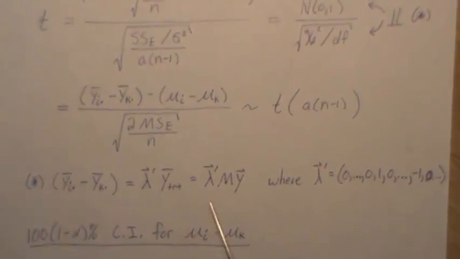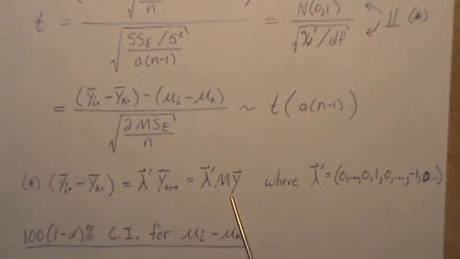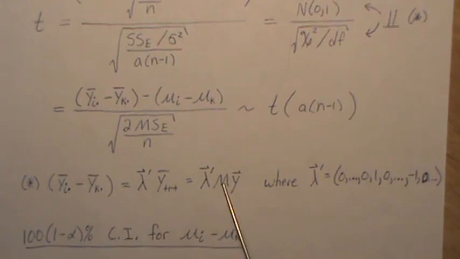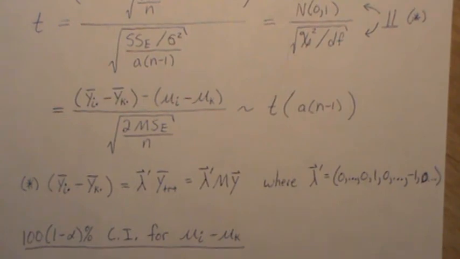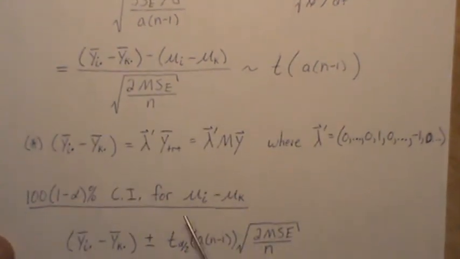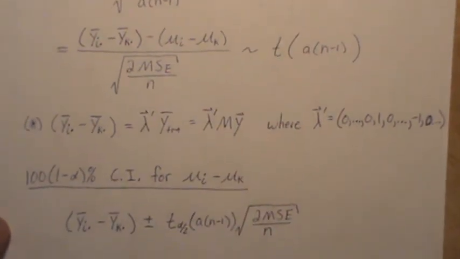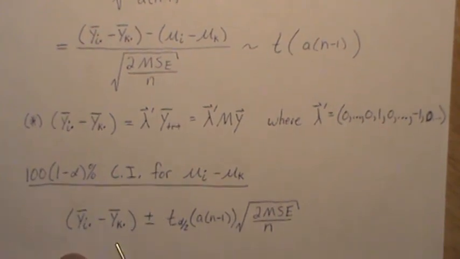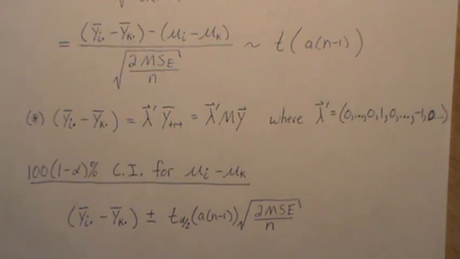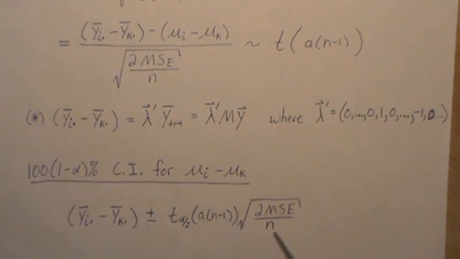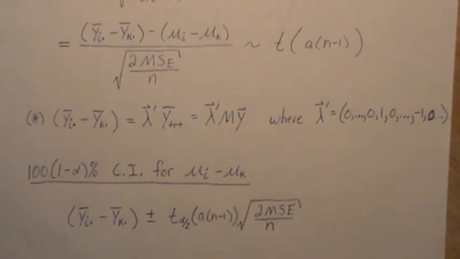And the treatment mean vector is My, and then we take this times that I minus M, which is 0, of course, from our previous page. So the confidence interval becomes the difference of the means plus or minus the t statistic, square root of 2 times the mean squared error divided by n, and this is your confidence interval.